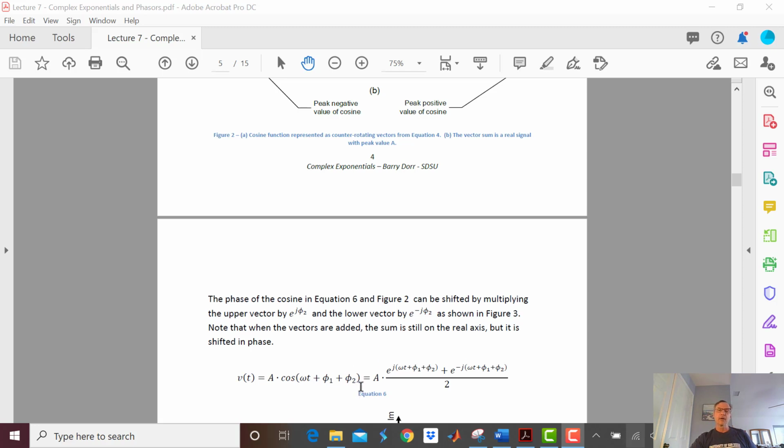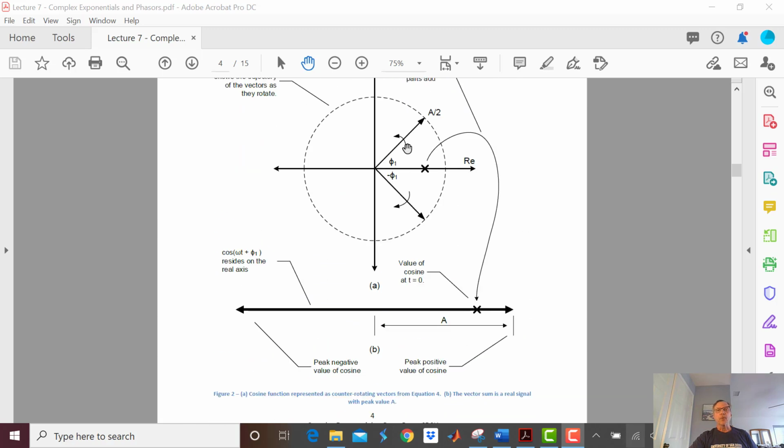So I'm adding a phase shift, and here's my phi1 plus phi2. What does this do? It multiplies the upper vector, in other words this one, by e to the j phi2, and it moves this vector by e to the minus j phi2. So it's going to kick this vector over this way a little bit, and this one over that way a little bit.